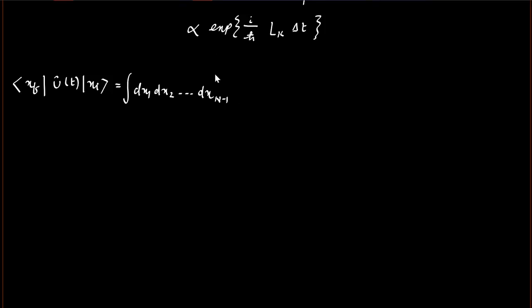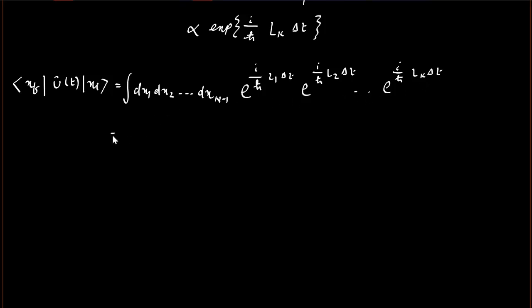Okay, and each term is equivalent to this term, so e to the power i by h cross L1 into delta t, e to the power i by h cross L2 into delta t, dot dot dot, e to the power i by h cross L_k into delta t, right?